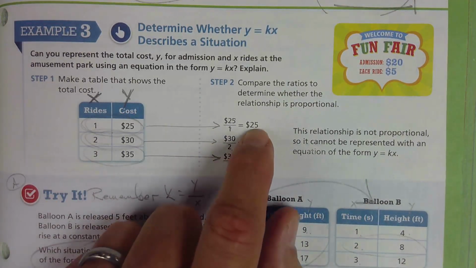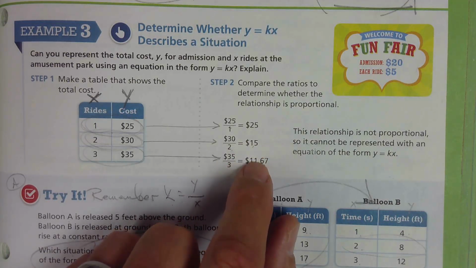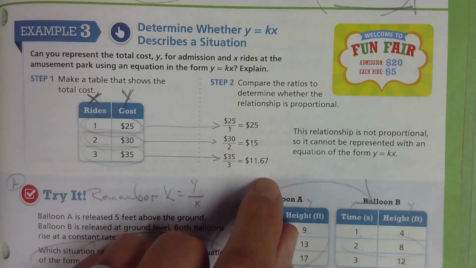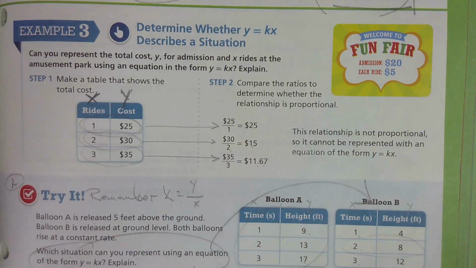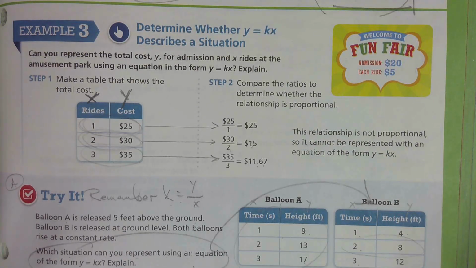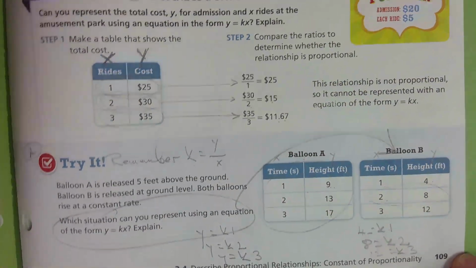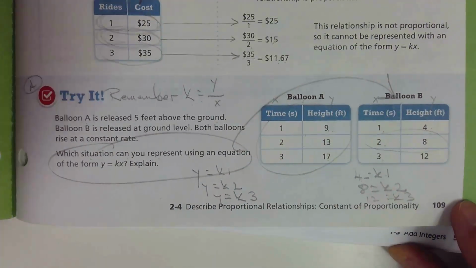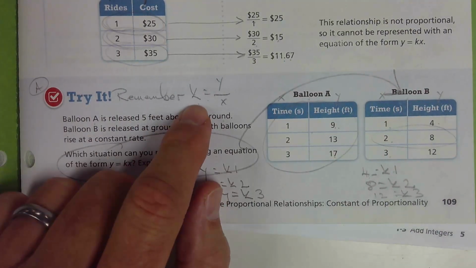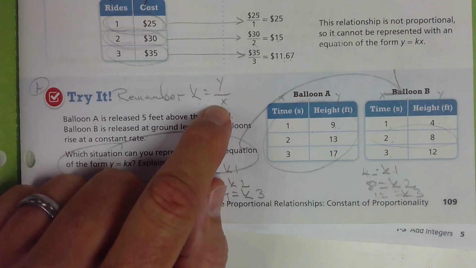And you come up with a different amount each time, 25, 15, 11.67. So that relationship is not proportional. There's not a constant. All right, let's look at the try it down at the bottom. Remember that the K equals y over x.